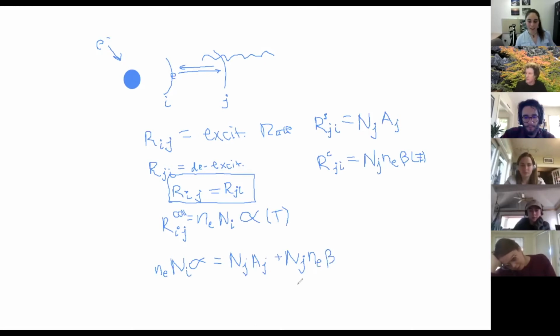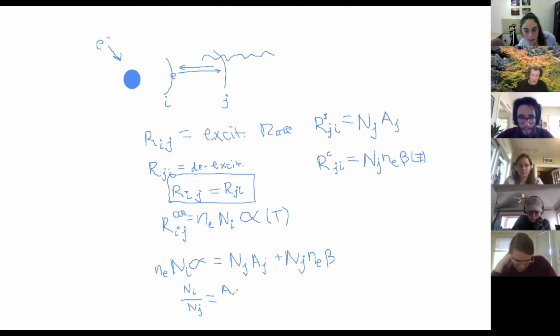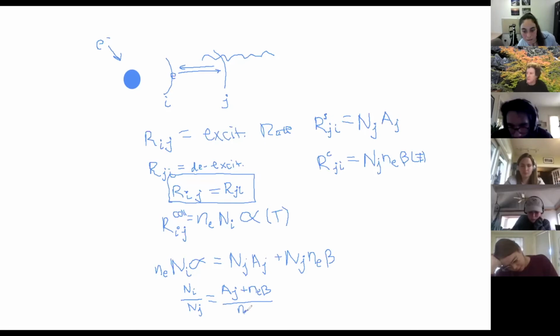So now what we can see, if you can read my bad computer handwriting, is that by pulling out this N_J, we can write a ratio of the number of atoms with an electron in the ith energy level to the number of atoms with an electron in the jth energy level, which should be equal to A_J plus N_e times beta, divided by N_e times alpha.